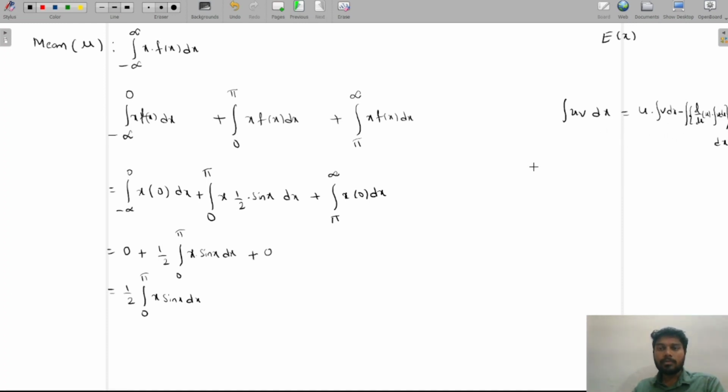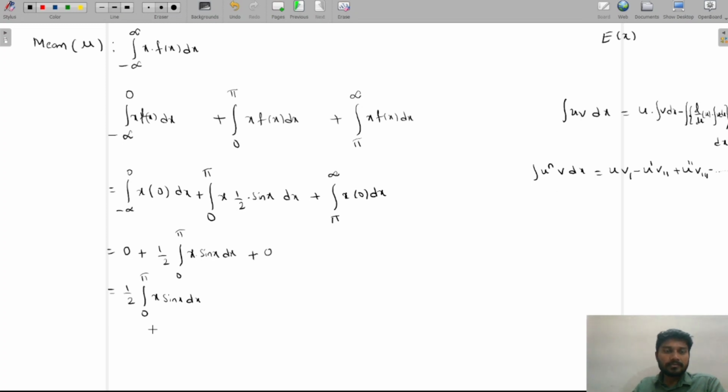And we have one more formula, the generalized one for integration of u to the power n into v dx: u into the first integral of v, minus u' into the second integral of v, plus u'' into the third integral of v, minus and so on. I'm using this formula right now to get the solution in one step.